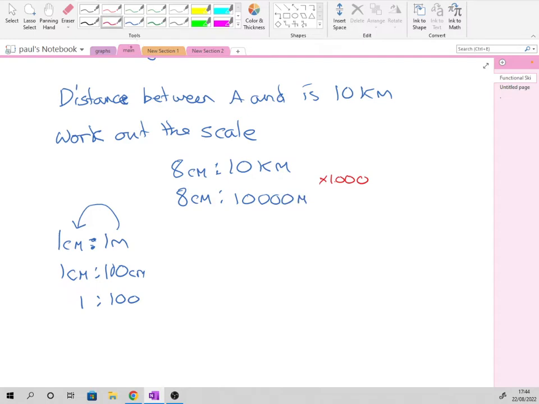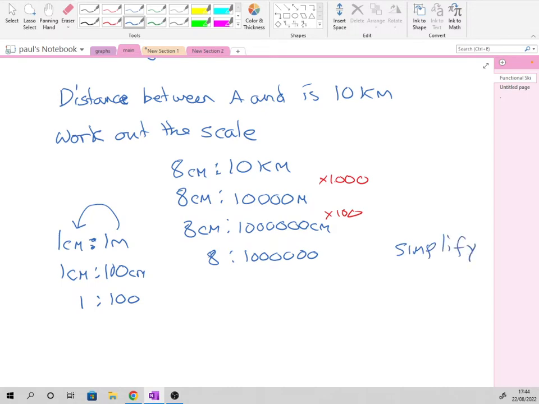Then I'm going to go back to the blue, 8 centimeters. Then I'm going to change that into centimeters by multiplying it by 100, which will be another 2 noughts on the end. Now I can lose the units because they're both the same. So I've got 8 to, how many noughts are there? That's the scale, but you wouldn't normally see a scale like this, because you'd be expected to simplify again.